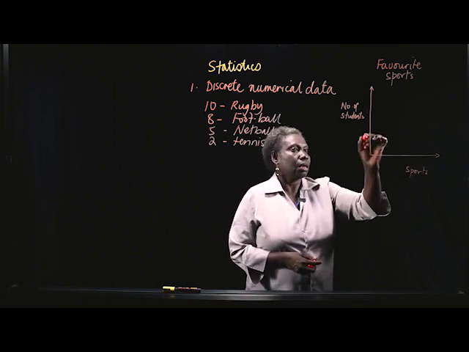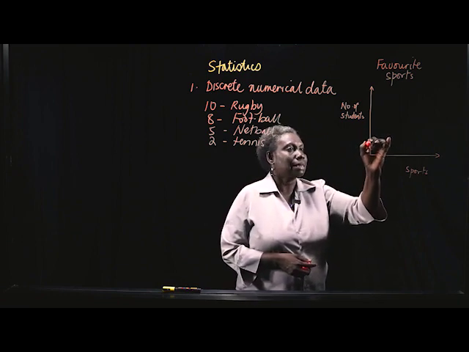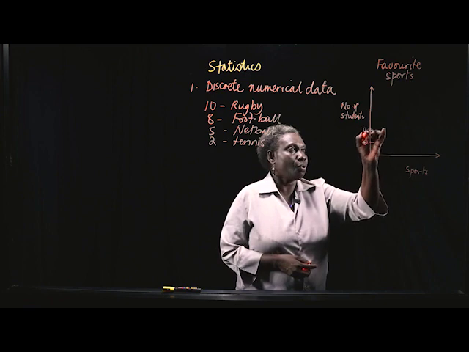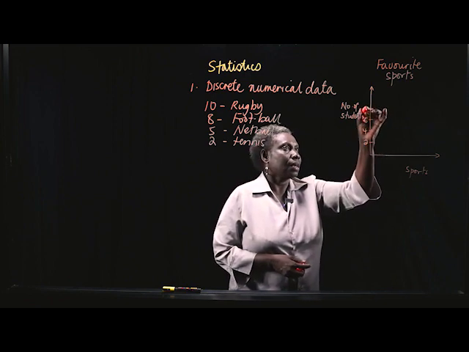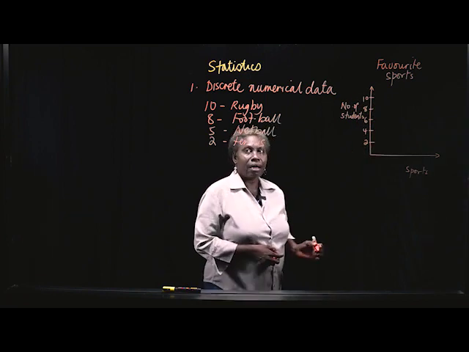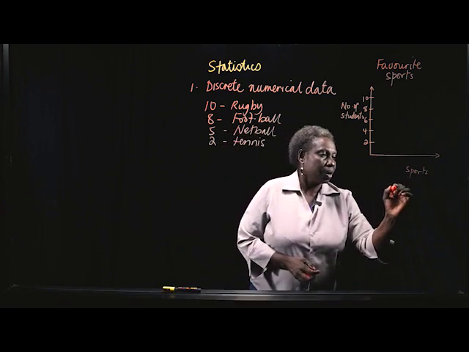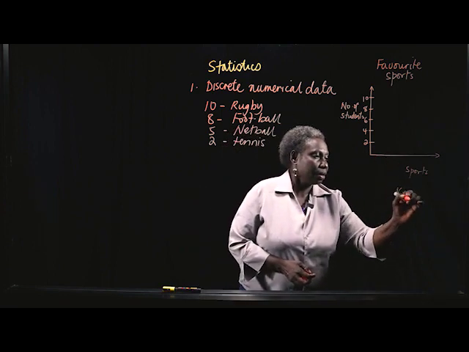So, for the number of students, since the highest score is 10, we start from 2, then 4, 6, 8, 10. Now, we have to have a key.